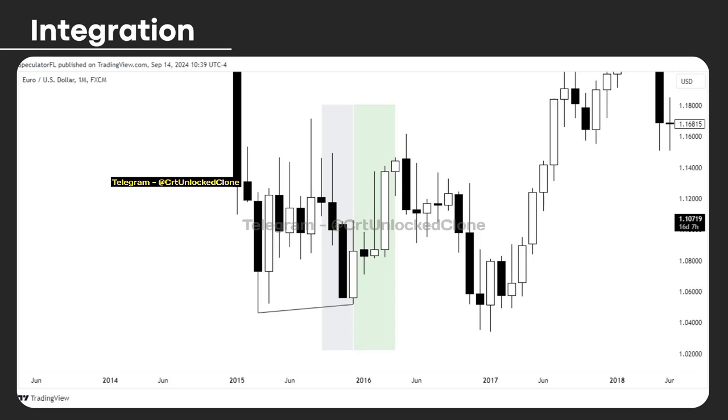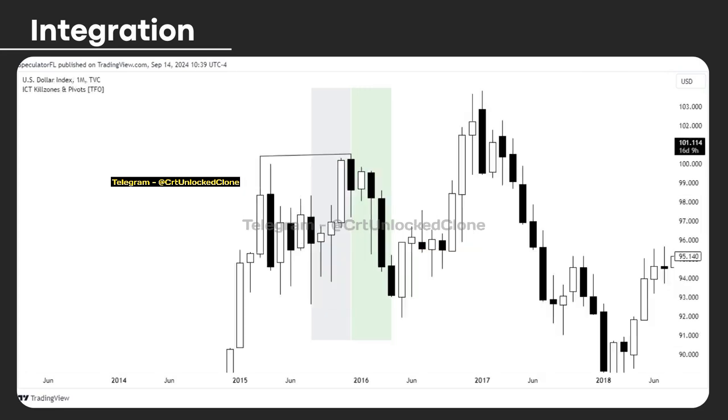DXY took out the high it formed, but EU struggled to take out this low, which means we had an SMT divergence and a discrepancy in price. Combining it with the quarterly shift concept, we would have expected and anticipated a quarterly shift to occur, and you can see price did indeed have a shift for the next few months.